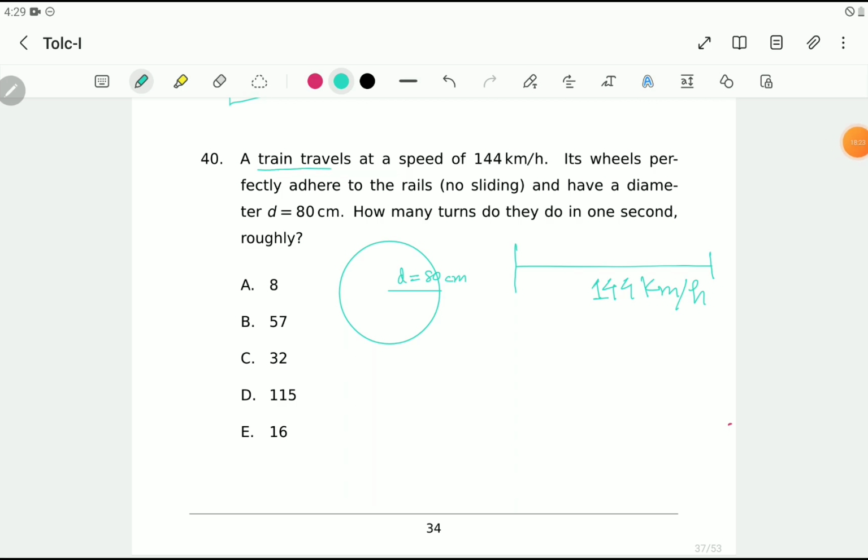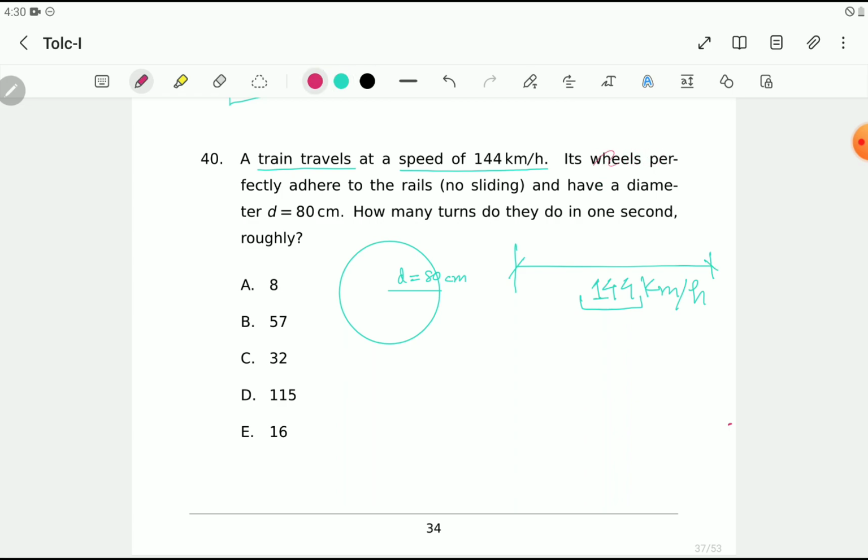A train travels at a speed of 144 km per hour. That means the train travels 144 km in 1 hour, okay. We can just label it like that.